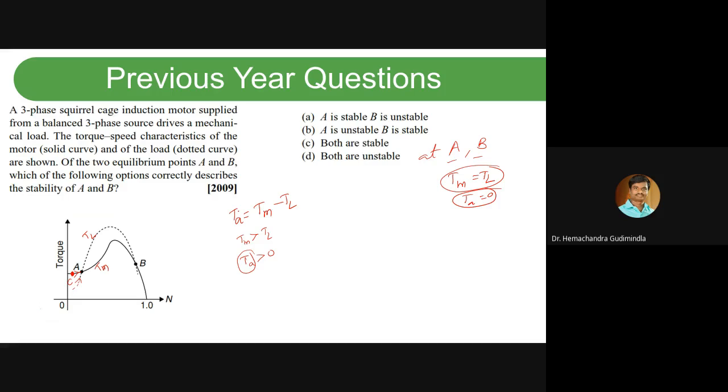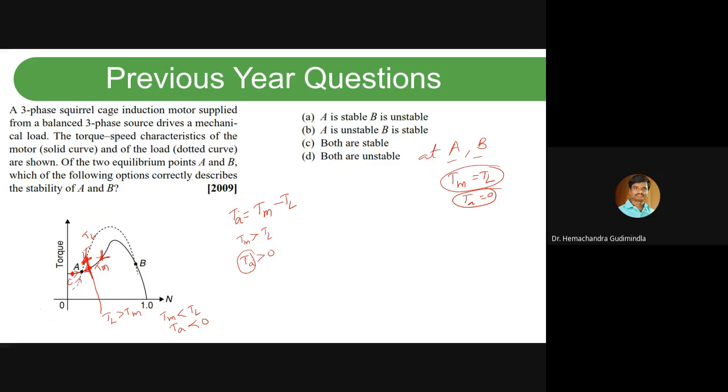Now if I take one more point over here, what will happen? At this point, TL is greater than Tm. That means Tm is less than TL. Then Ta is less than 0. Negative acceleration is what we call deceleration. Acceleration direction is like this, and deceleration means towards this direction.